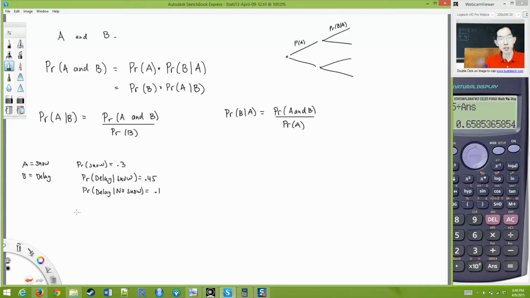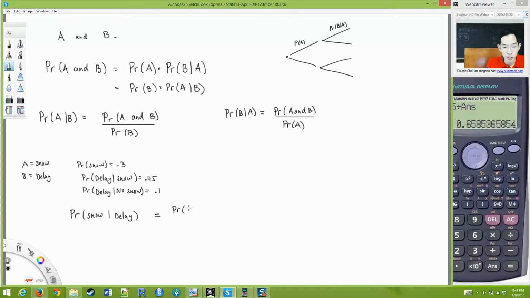And the question that we wanted to go after was, what is the probability of snow given a delay? So if we call A snow and B delay, the question that we're going for is this.